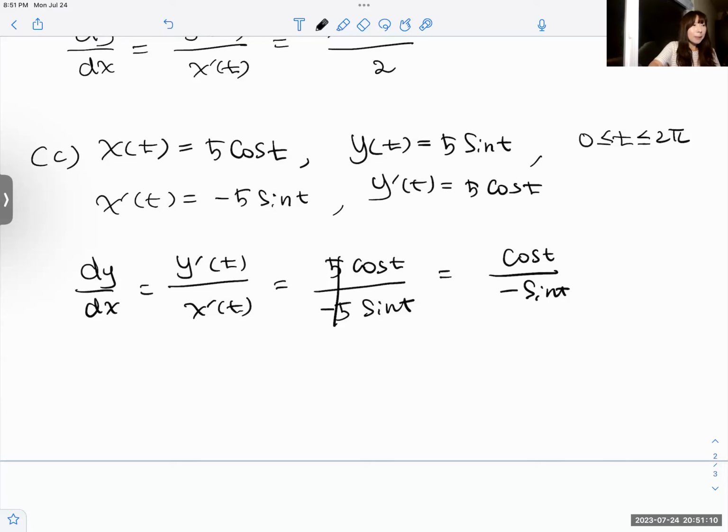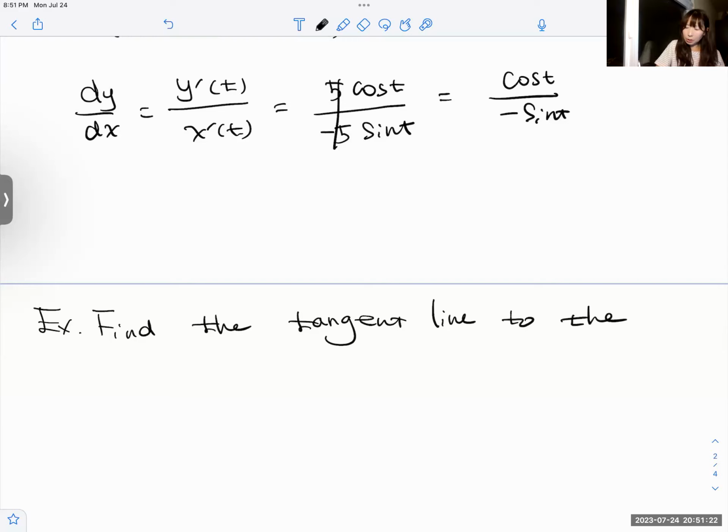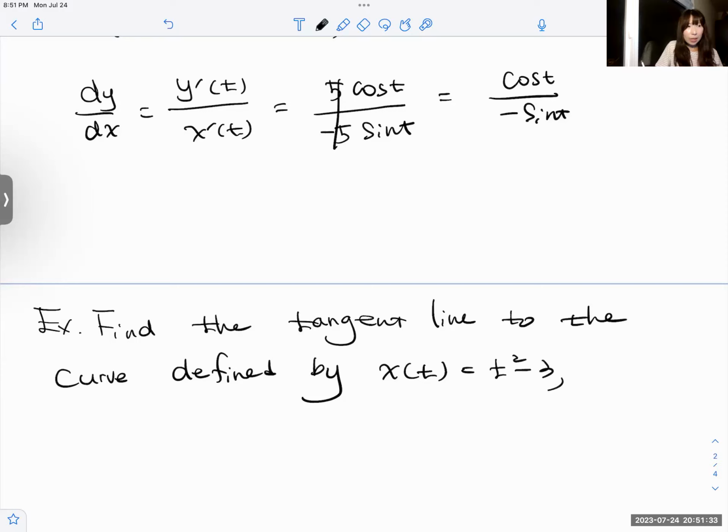All right, how about this? Find the tangent line to the curve defined by x of t equal to t squared minus 3, y of t equal to 2t minus 1, t between -3 and 4, when t is equal to 2.